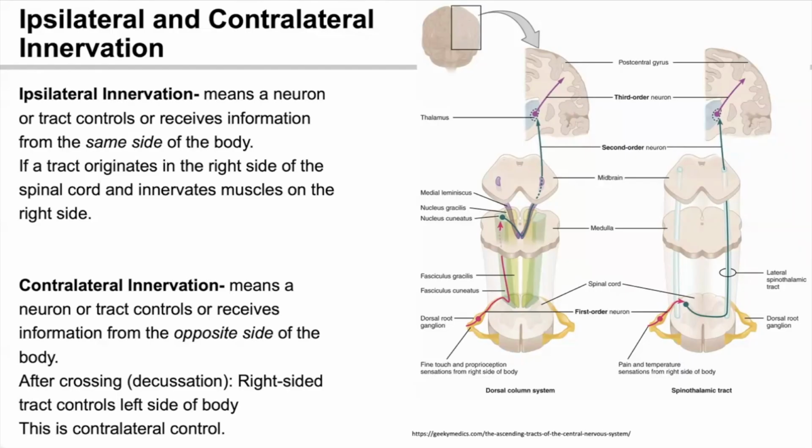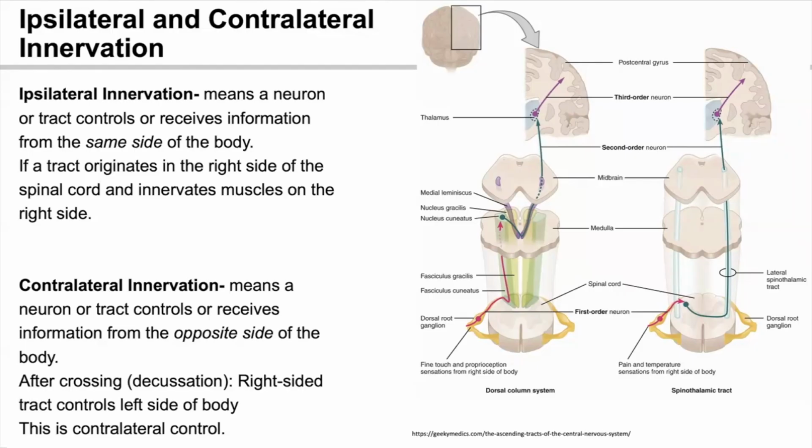Therefore, in stroke patients, damage to motor centers on the right side of the brain causes paralysis usually on the left limbs, and vice versa.